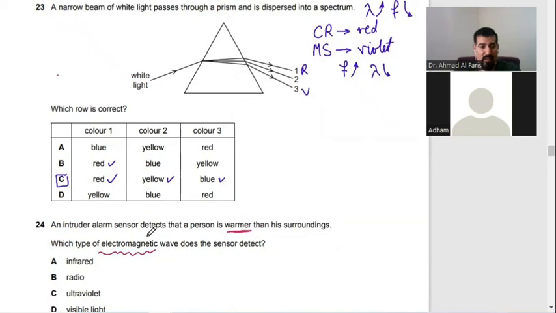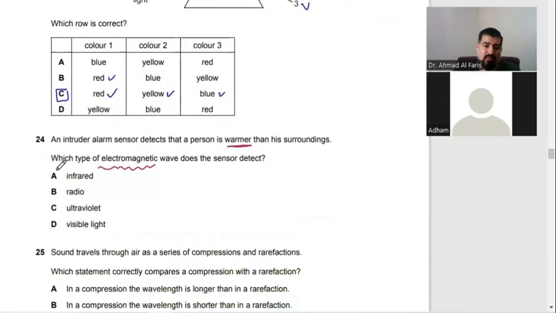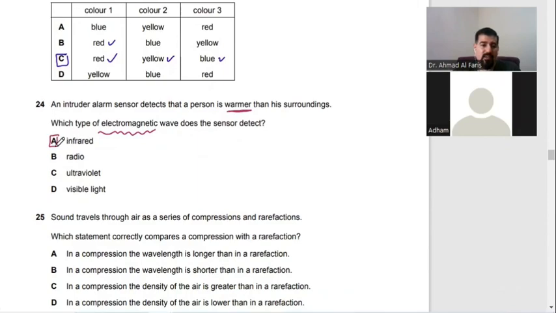Who can give me the answer? Exactly, it's infrared. Bravo, thank you. Any warm body releases radiation, but it's not burning and it's not visible light. It's below visible light, that's why we call it infrared. I told you that's how animals see each other and see us during the night. So number 24, the answer is A.